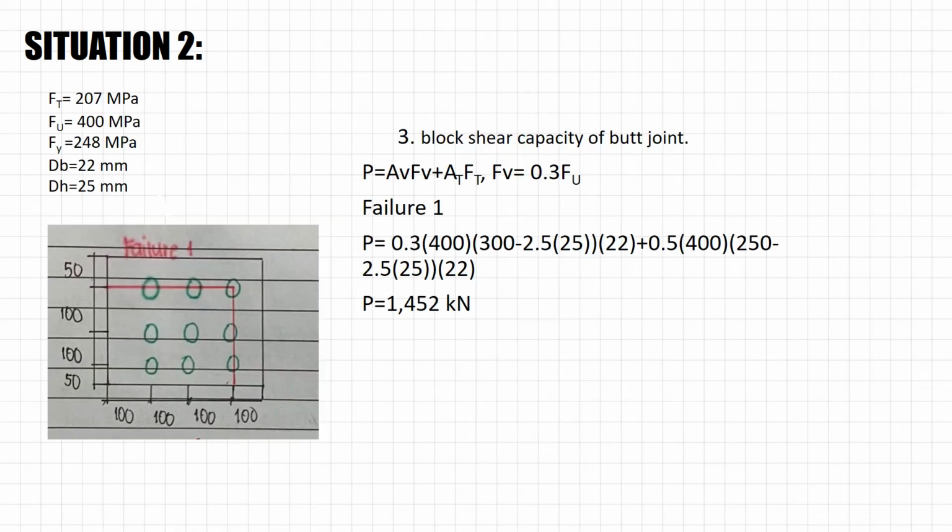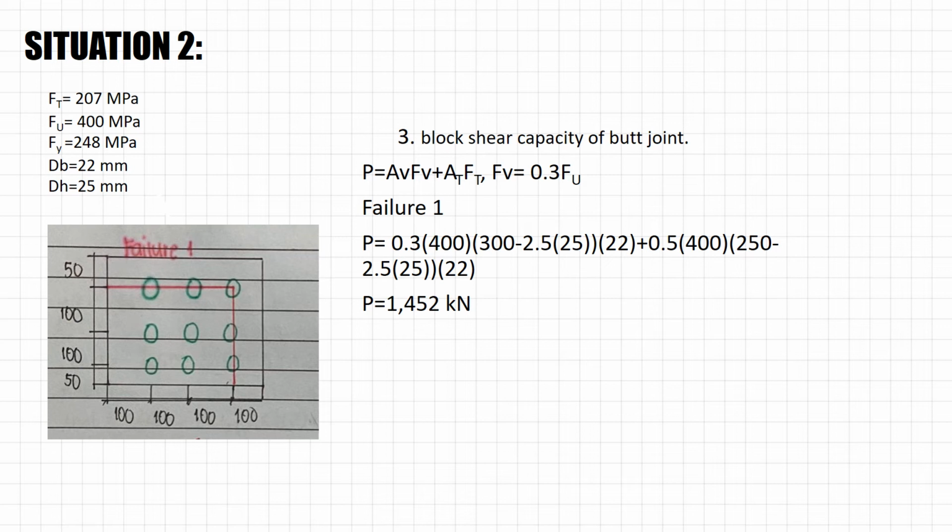So number 3, block shear capacity of butt joint. P is equals to ABFB plus ATFT. FB is equals 0.3 FU. So yung AB natin dito, siya yung dadaanan na effective area ng shear dito sa plates. AT equals siya sa dadaanan ng shear na vertical.